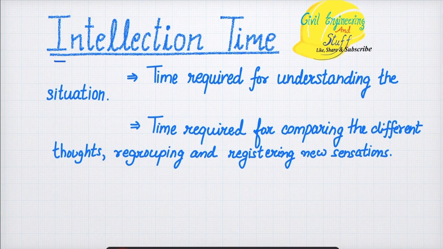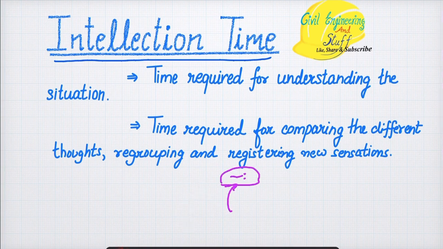Then we have the intellection time. After the signals have been sent to the brain, the brain understands the situation, right? The brain understands what the situation is, and it assesses what can be done.